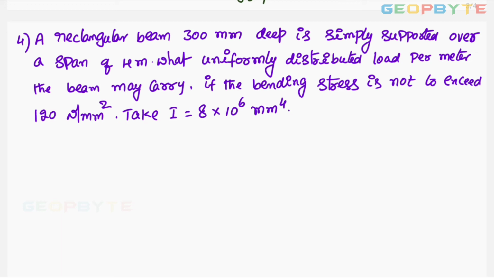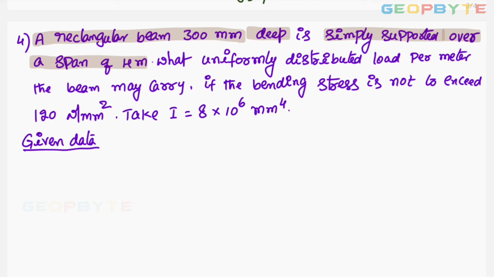A rectangular beam 300 mm deep is simply supported over a span of 4 meters. Let me write the data. Given data: depth of beam D equal to 300 mm.